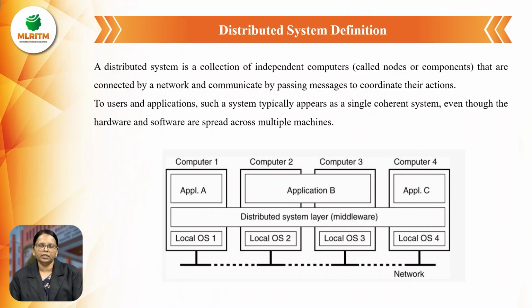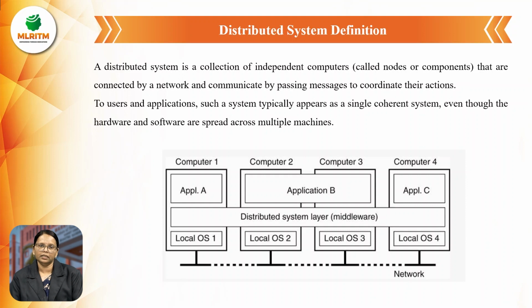A distributed system is a collection of autonomous computers that work together as a single coherent system. These computers are connected through a network and communicate by sending messages to each other.